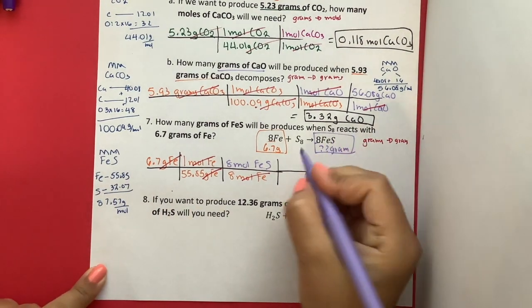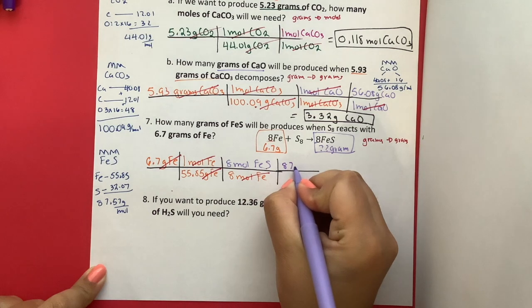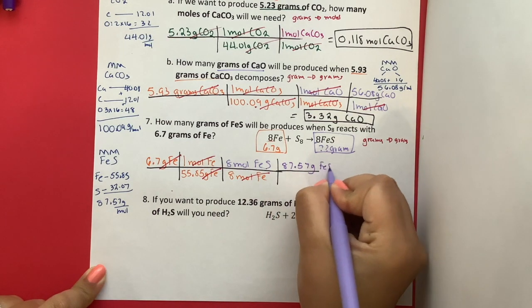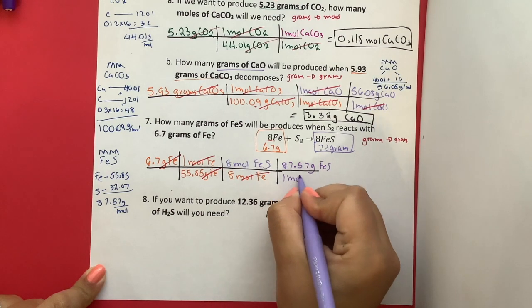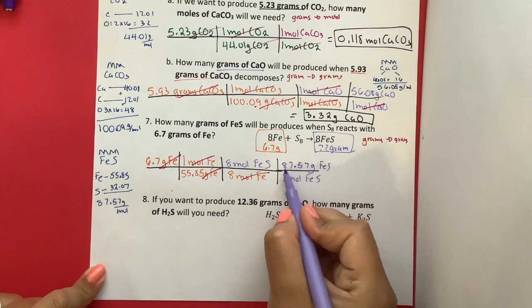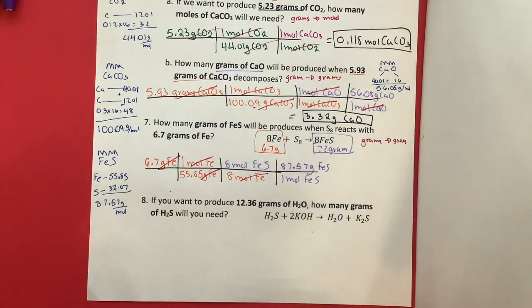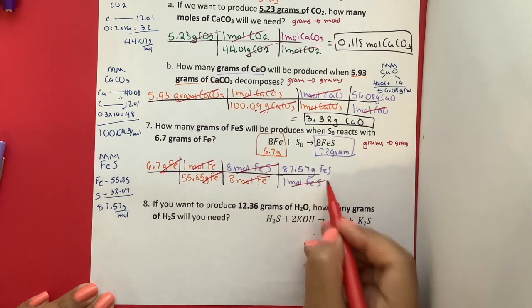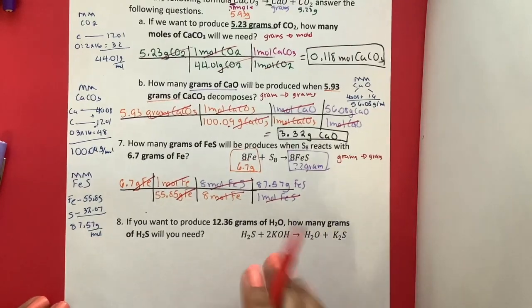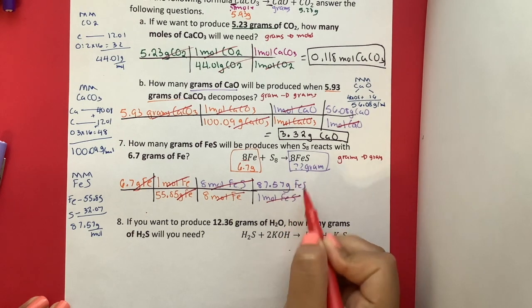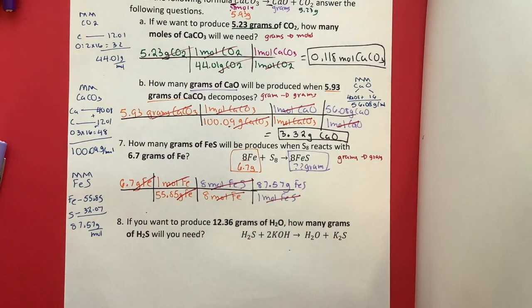This number, I'm going to write it in the top. 87.57 grams of FeS for every 1 mole. Okay, in 1 mole of FeS, if I were to put that on a scale, the scale will give me 87.57 grams. Like this, moles of FeS are gone, and the only unit left is grams of FeS, which is what the question is asking me for.